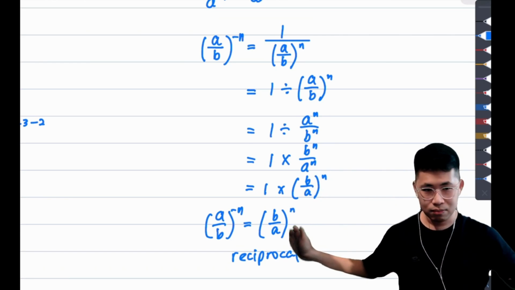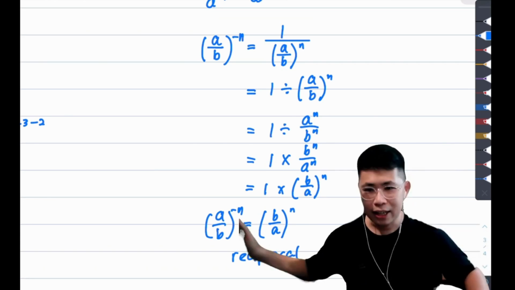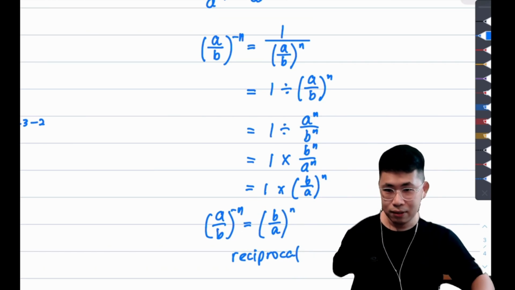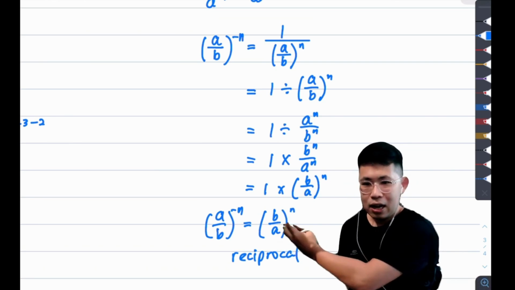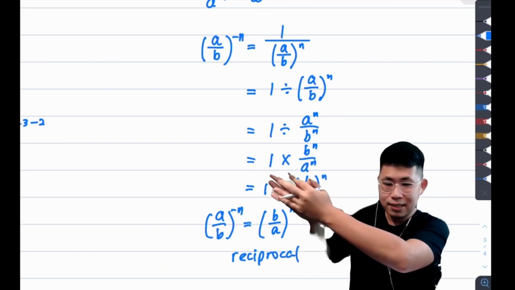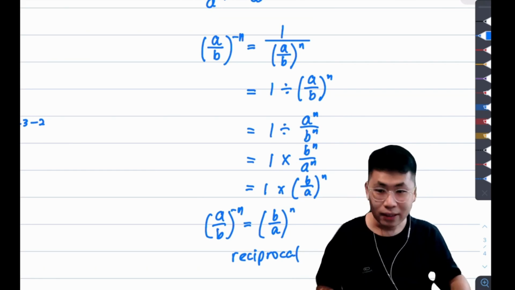Let me go nearer. Okay, so whatever that's upstairs over here, a, will go downstairs over here, and whatever that is downstairs, b, will actually go upstairs, right? So this is the use of our negative index.